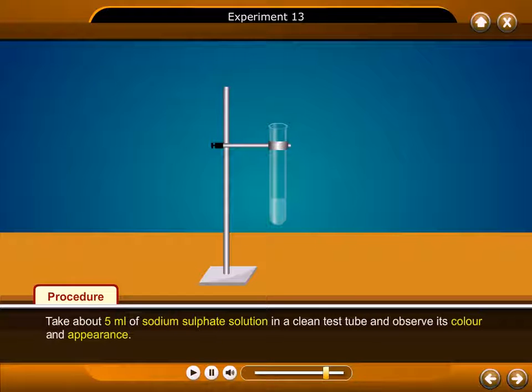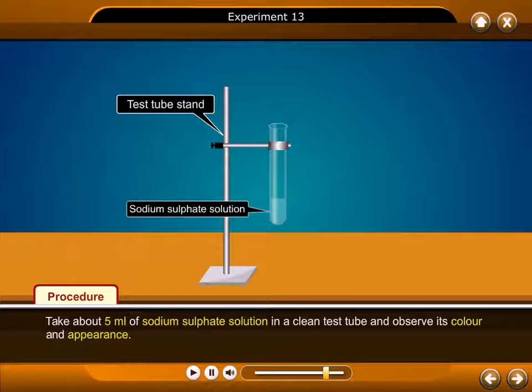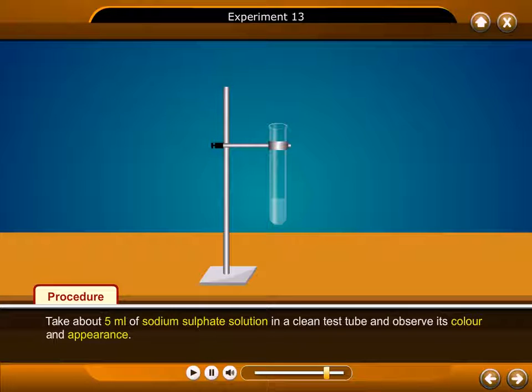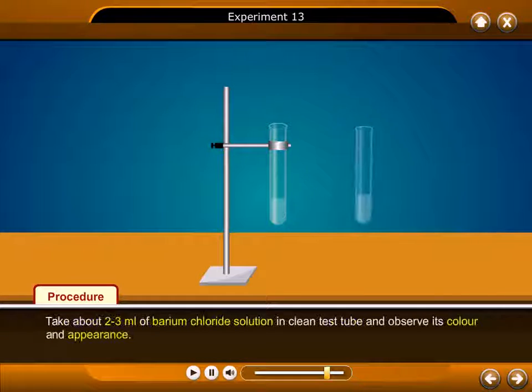Reaction between sodium sulfate solution and barium chloride solution. Procedure: take about 5 ml of sodium sulfate solution in a clean test tube and observe its color and appearance. Take about 2 to 3 ml of barium chloride solution in a clean test tube and observe its color and appearance.